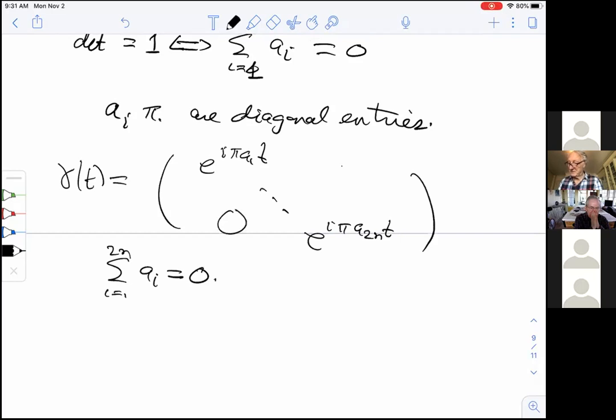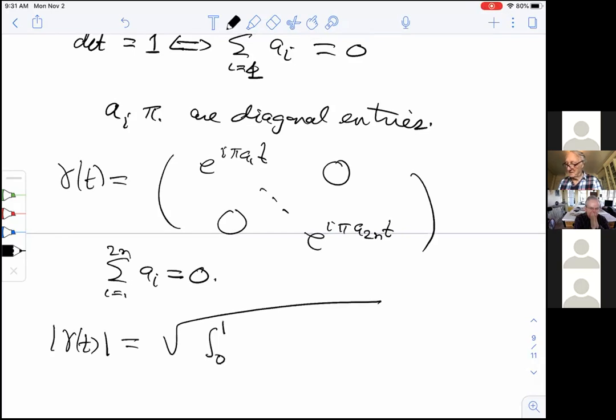That's my geodesic. What's the length of this geodesic? Well, it's the square root of the integral from 0 to 1 of the length of gamma dot of t squared dt.